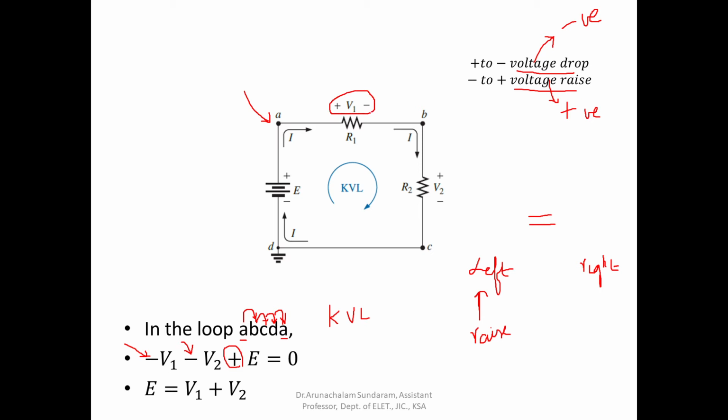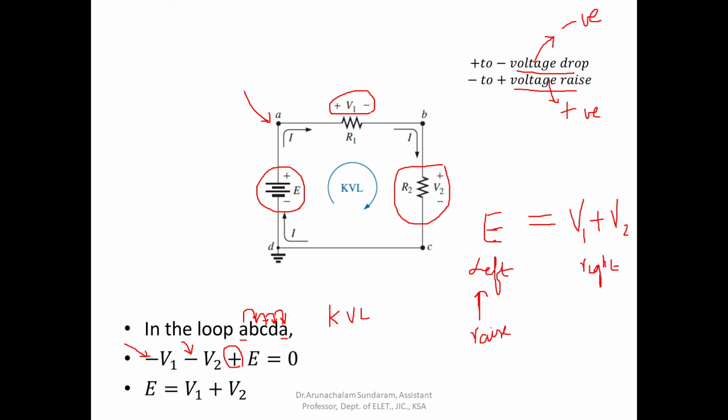So write it on this side, V1. And then come to the next element. Is this voltage drop? Yes, this is voltage drop. So write it on this side. Now go to the next element. This is voltage rise. So write it on the left hand side. So when you are doing Kirchhoff's voltage law like this, you need not take care of the sign.